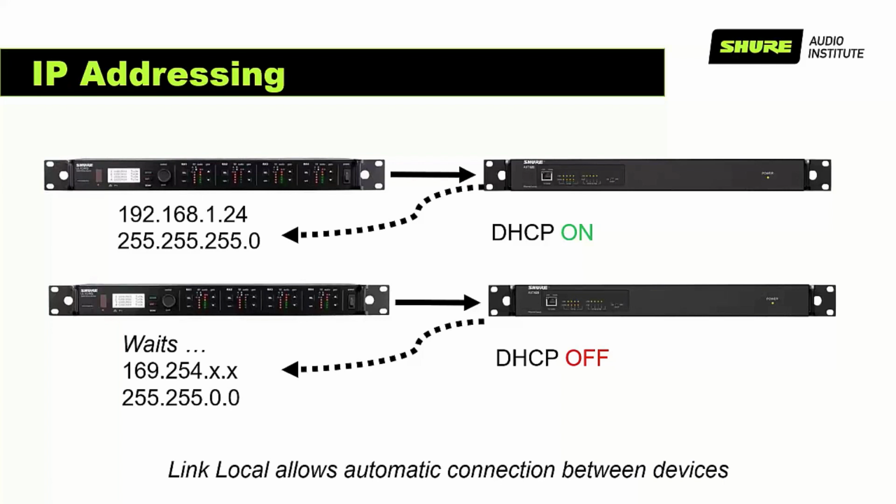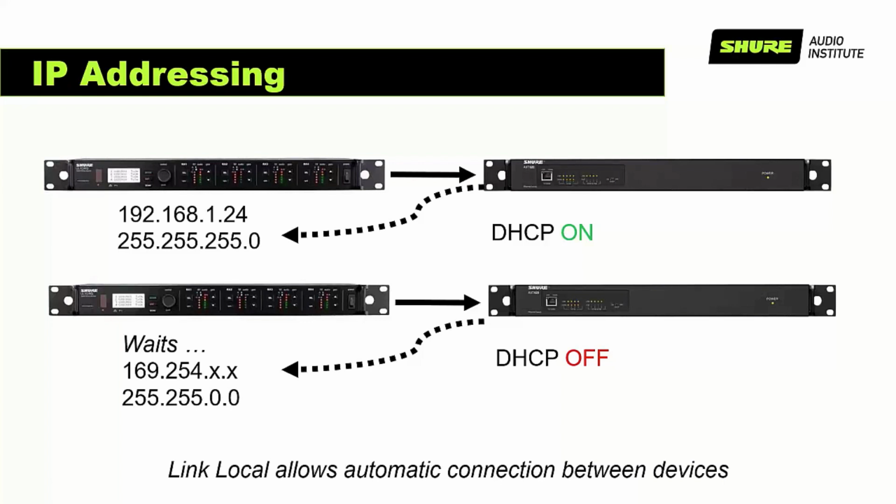And the reason there's a difference between the two subnets in this example, so you have the 3 sets of 255 with the DHCP example and the 2 sets of 255 in the link local example, is because the way a subnet is structured means that the 2 sets of 255 create a much wider pool of IP addresses that are available for devices.